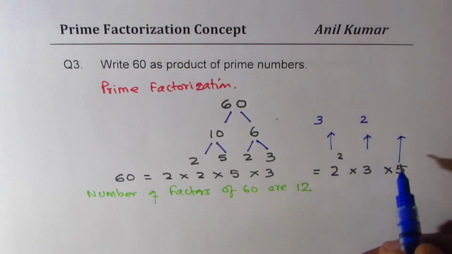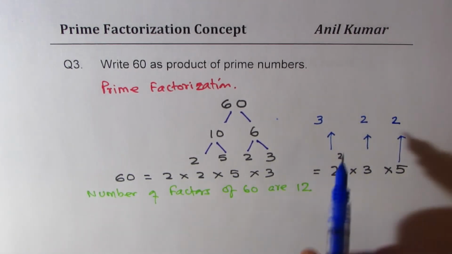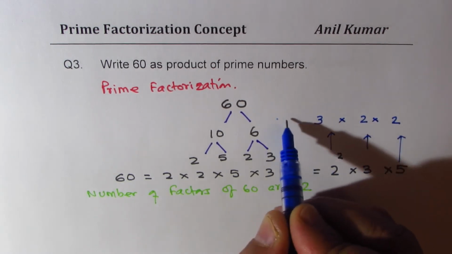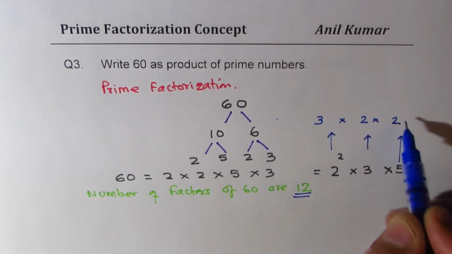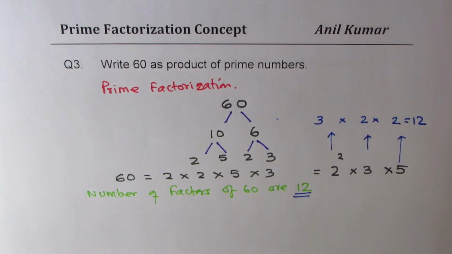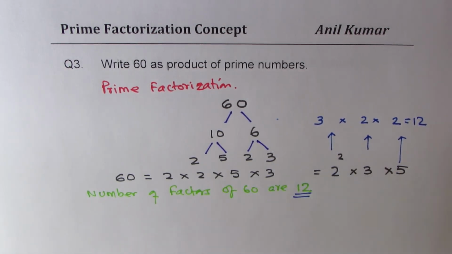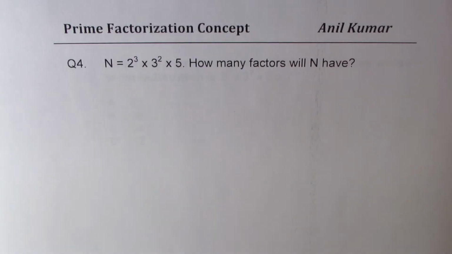And for 5, we again have 2 choices. You will notice that 3 times 2 times 2 gives us the magic number 12. You get an idea. So the formula is kind of before you. So once we have the prime factorization, we can find the number of factors very easily, right? So that's the whole concept.